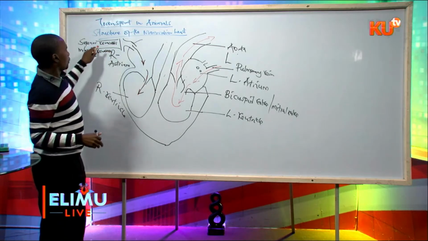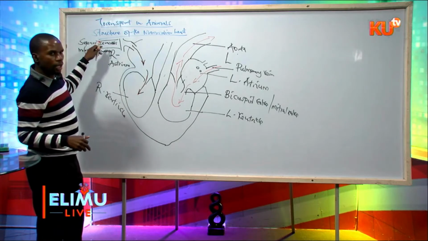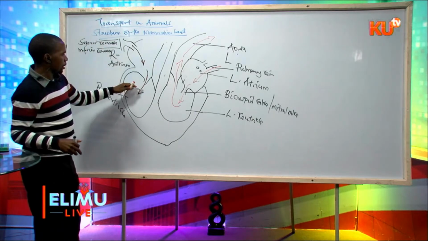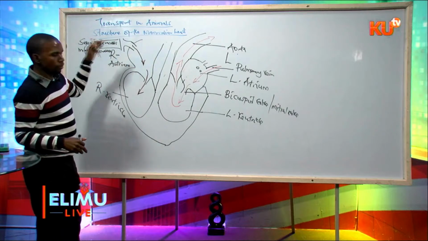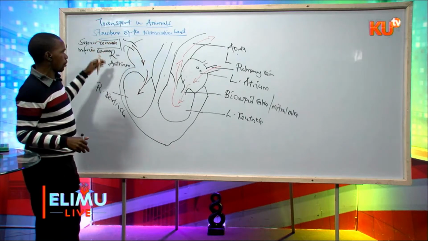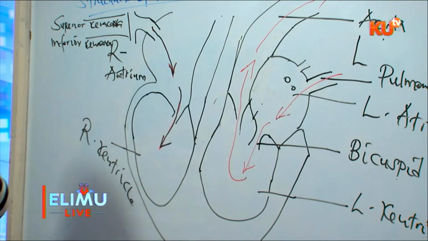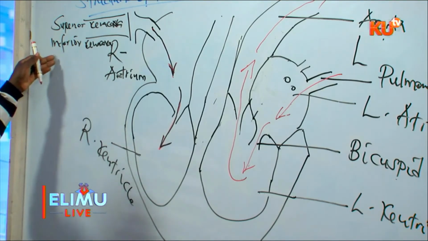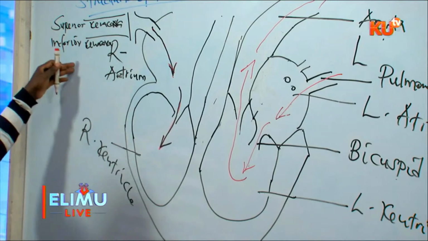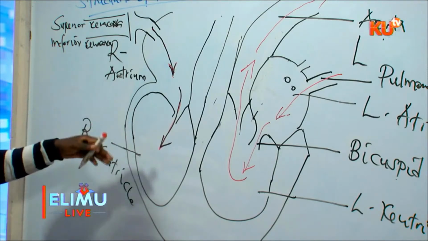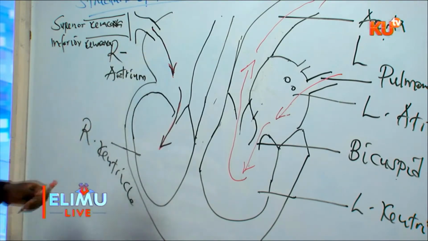Now, the superior vena cava brings in blood into the heart from the upper side of the body. The inferior vena cava brings in blood from the lower side of the body into the right atrium.